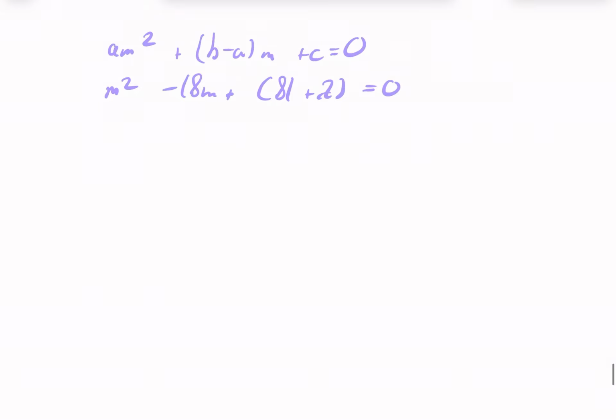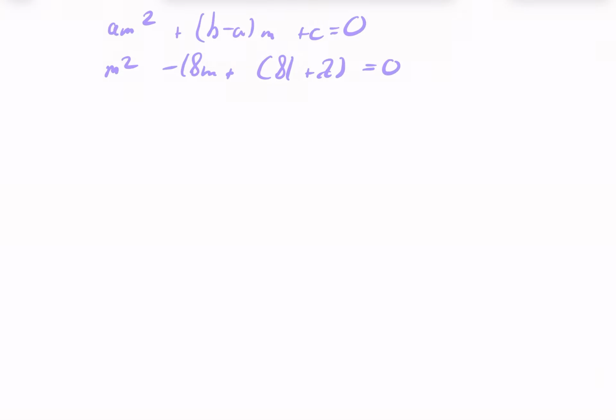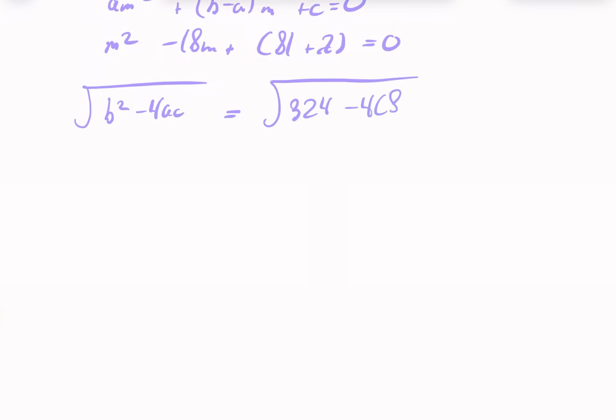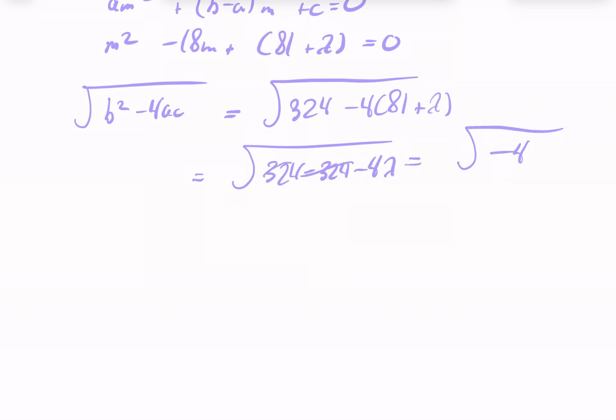Now, you can go ahead and plug this into the quadratic equation, but we can also just focus on the discriminant, which is b squared minus 4ac, and b is 18, and so we'll get 324 minus 4 times 81 plus lambda. Remember, a is 1 in this case, so we're just worried about c. And then we'll get 324 minus 324 minus 4 lambda. You can tell what's going to happen here. We're going to get negative 4 lambda.